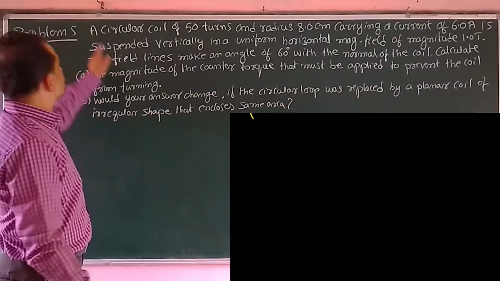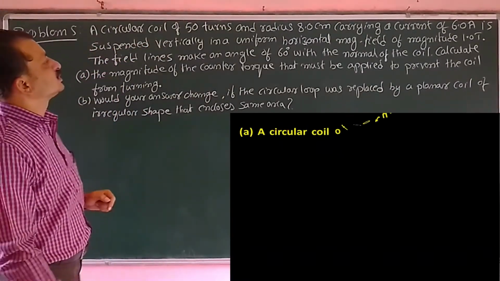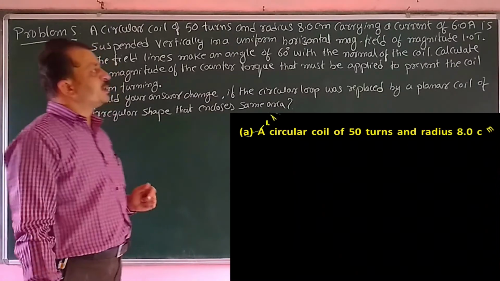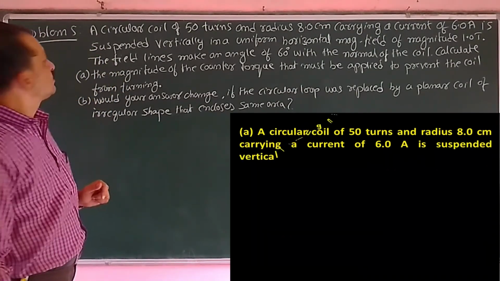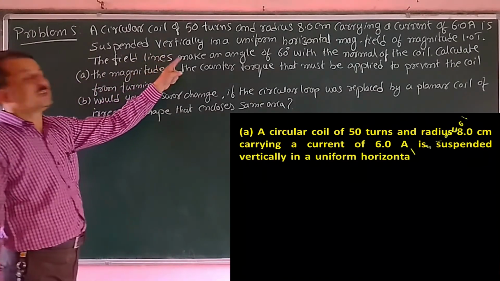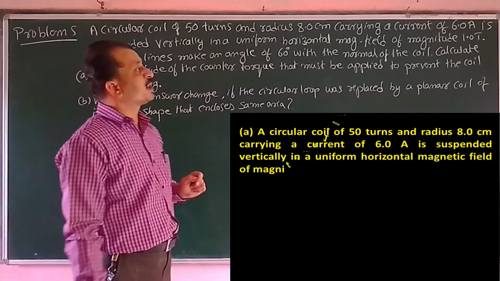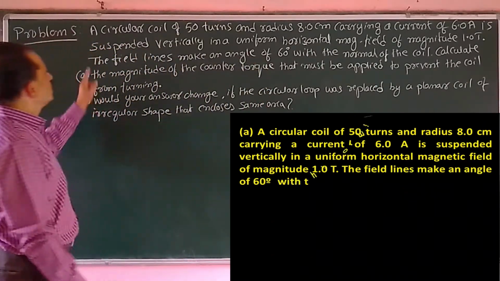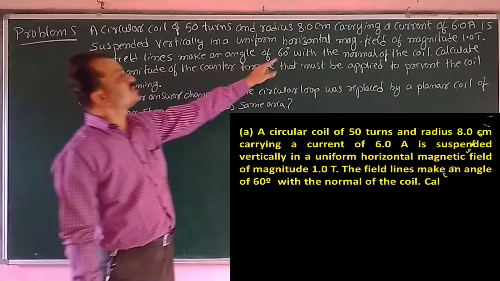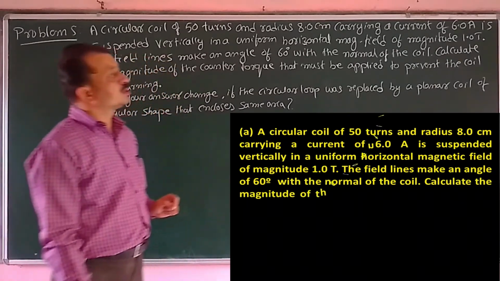Next problem. A circular coil of 50 turns and radius 8 centimeter carrying a current of 6 amps is suspended vertically in a uniform horizontal magnetic field of magnitude 1 Tesla. The field lines make an angle of 60 degree with the normal to the coil.